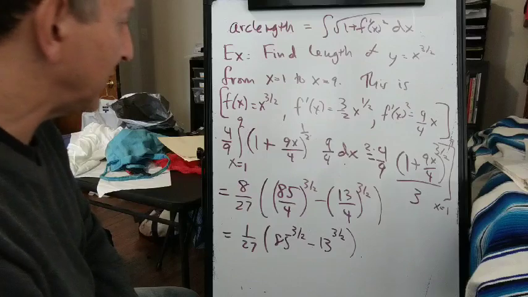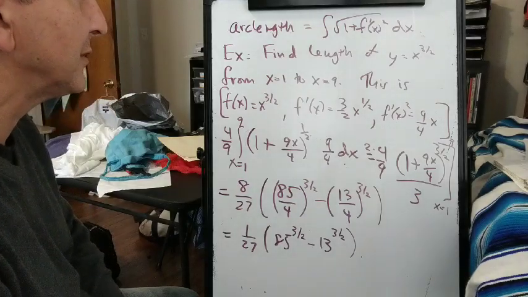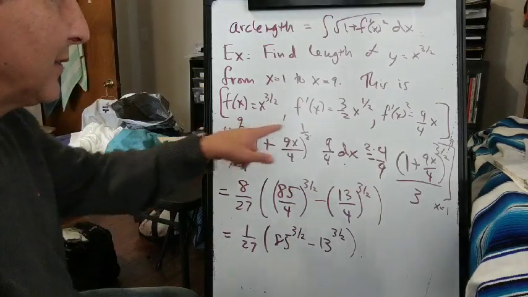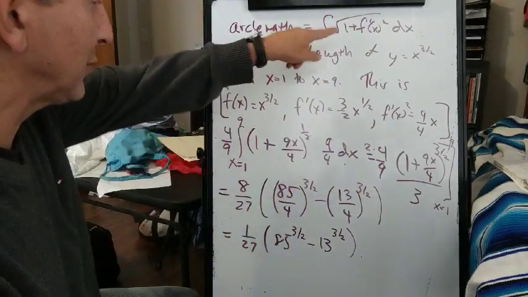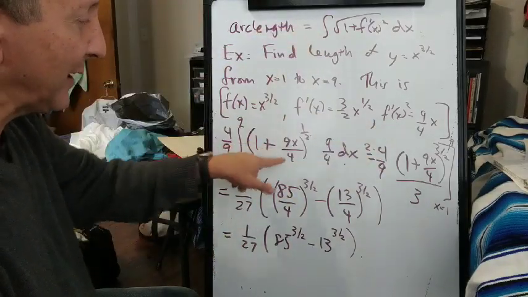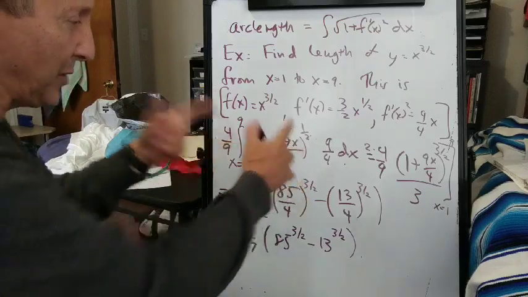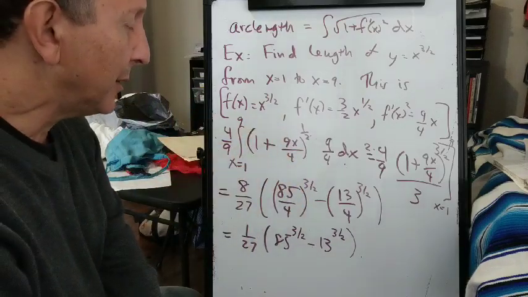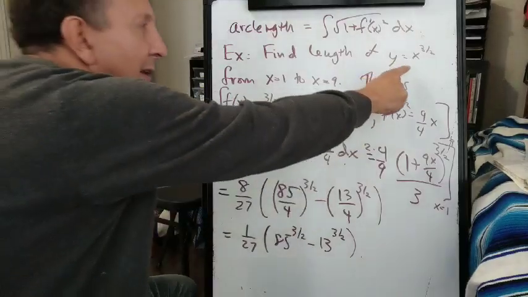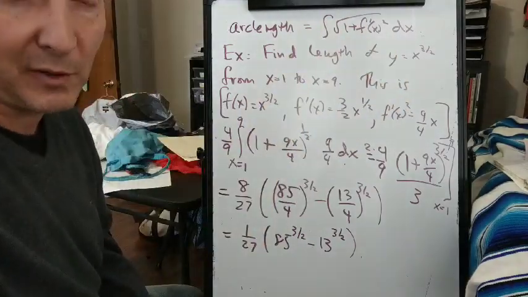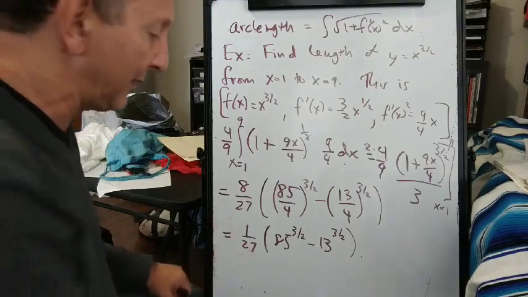Now x to the 3/2 is a very special function because when we take its derivative and square the derivative and put that inside of a square root, it gives us 1 plus 9x over 4, which is something we can integrate. But just to show you that's special, let's change the problem a little bit, and let's say we're looking at square root of x instead of x to the 3/2, so x to the 1/2.